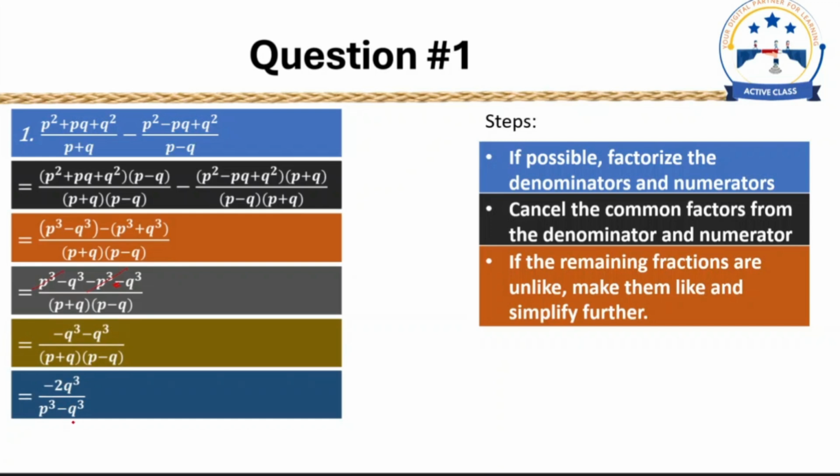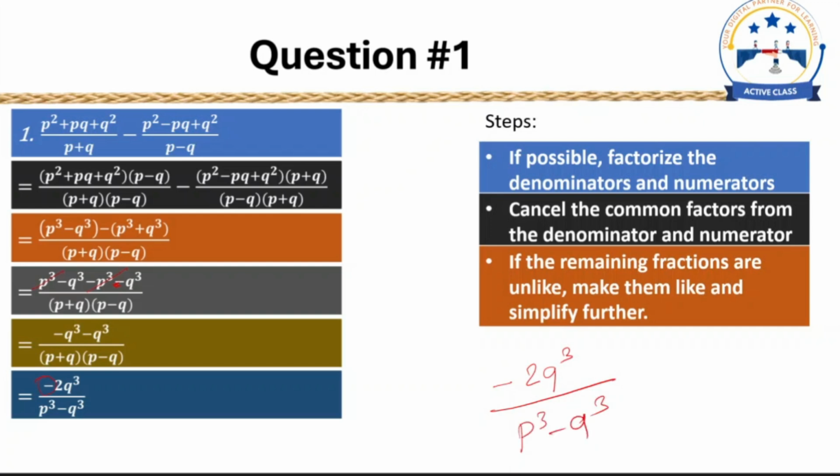And while simplifying the rational expressions, we do not keep the negative symbol in front at the beginning, so we make this negative symbol positive. And in order to make that, you have to have a trick. You have got minus 2q cube divided by p cube minus q cube, right?